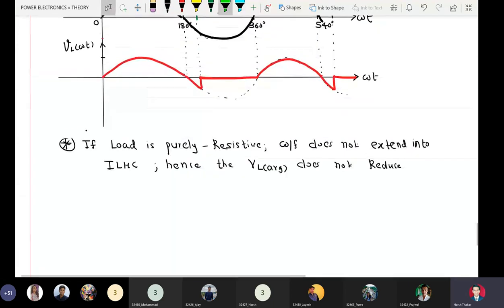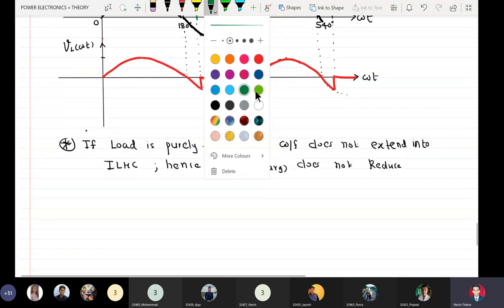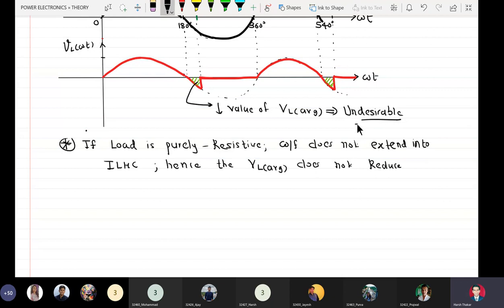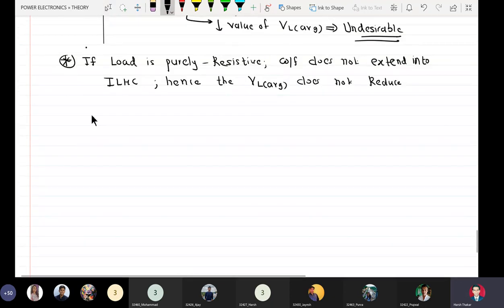Okay, so students, please understand one thing, that this particular portion which is there, it contributes to reduction in the VLAVG. So we can say this reduces the value of VLAVG, hence it is undesirable. It is undesirable.